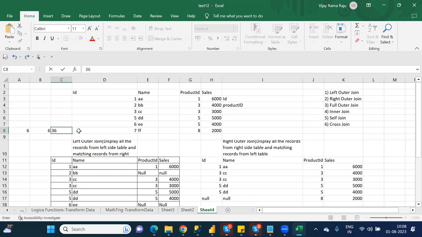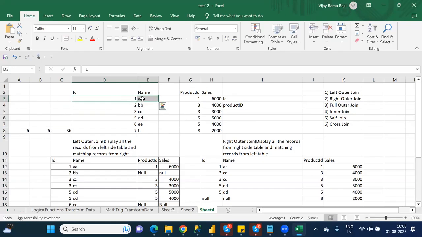Vijay, how will 36 rows be displayed? That means each and every record in the left table is matched with all the rows in the right side table. Understand or not? This first row, 1A, in the left table is matched with all the rows from the right side table.